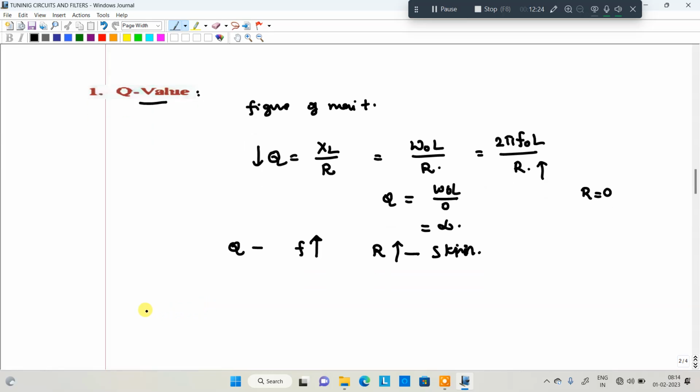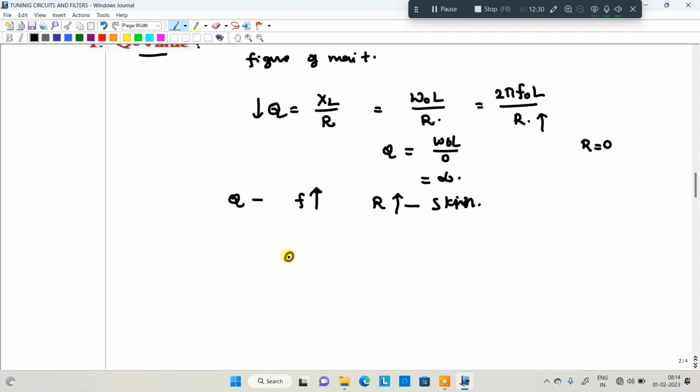Next, in the case of the capacitor, how do we define the quality factor? Quality factor is the ratio of capacitive reactance divided by R. What is the formula for capacitive reactance? 1 by omega naught C, so Q is 1 by omega naught CR. That is equivalent to 1 by R root L by C, which is a formula for the quality factor.